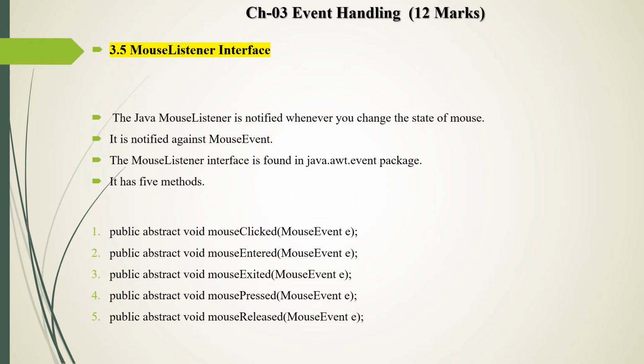When you remove the mouse from your frame, the mouseExited method is executed. And when you press any mouse button, the mousePressed and mouseReleased methods are executed. So these are the 5 methods of the mouse listener interface.